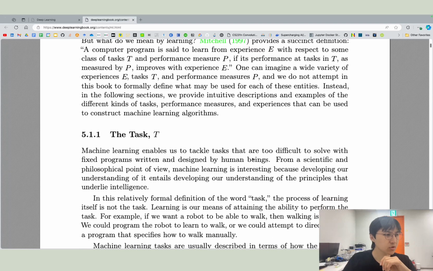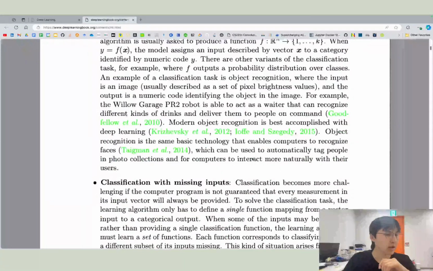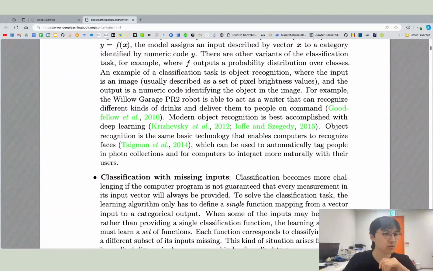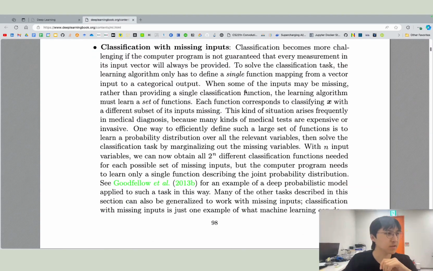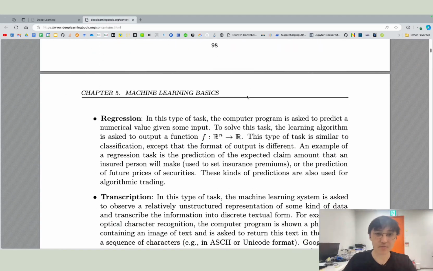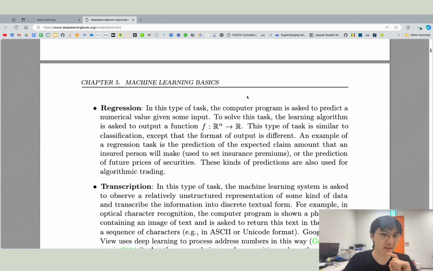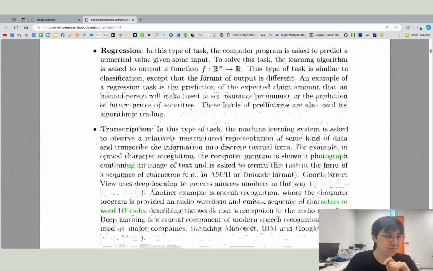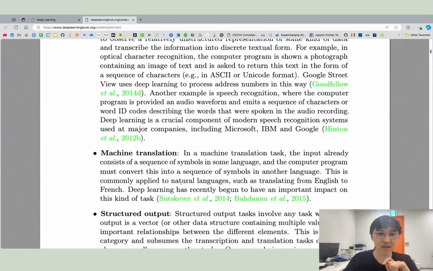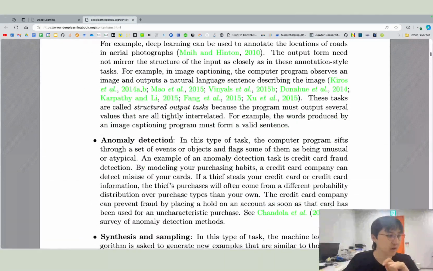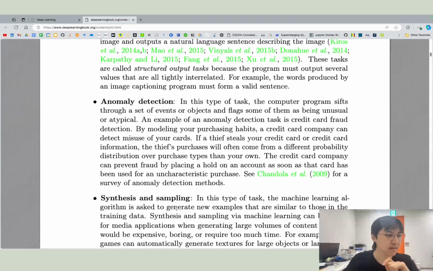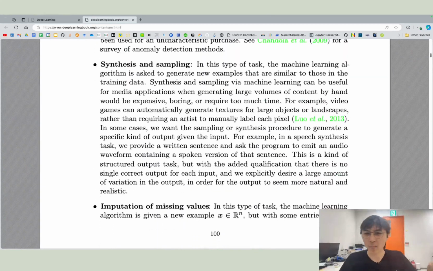Here the authors of the book also talk about classification with missing inputs, regression, transcription, machine translation, structured output, anomaly detection, synthesis and sampling, and more.